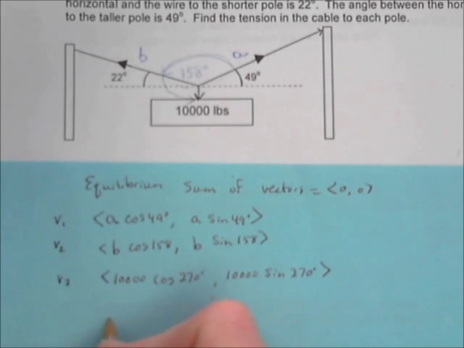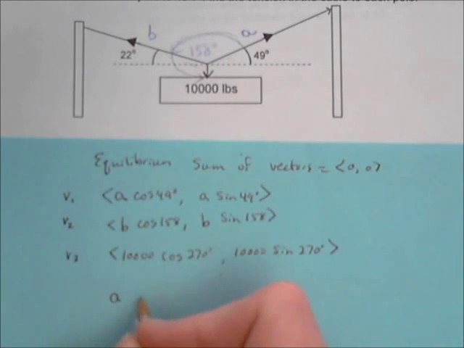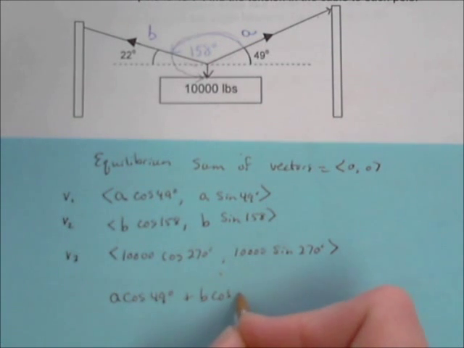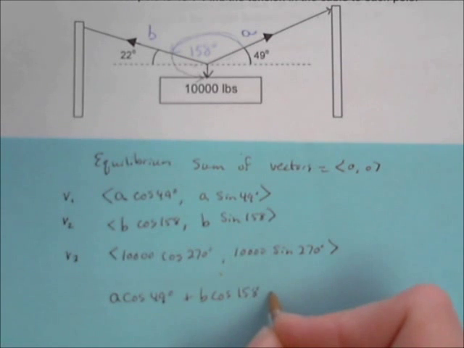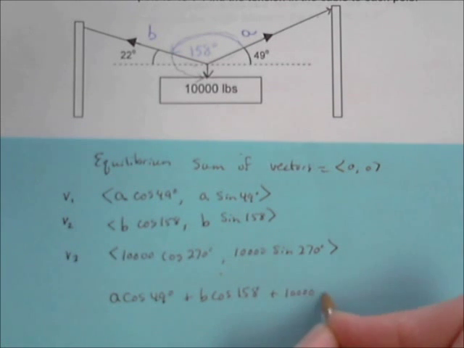So we'll set that up like this. A cosine 49 plus B cosine 158 plus 10,000 cosine of 270 should be equal to 0.